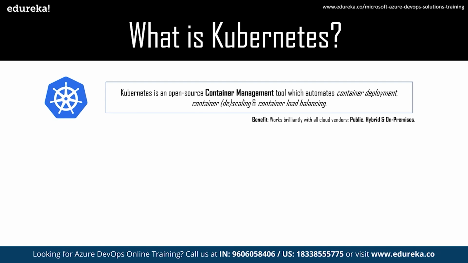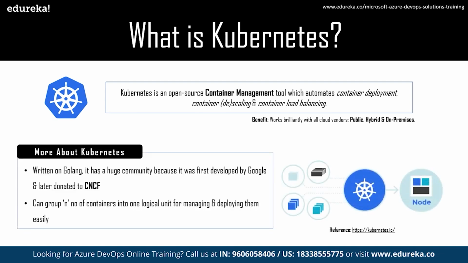Okay. What is one of the benefits it offers? It works brilliantly with all cloud vendors, be it your public, hybrid, or on-premise. Okay. And one of those popular cloud platforms, as I've mentioned, is Microsoft Azure, which we'll be discussing as we move further.